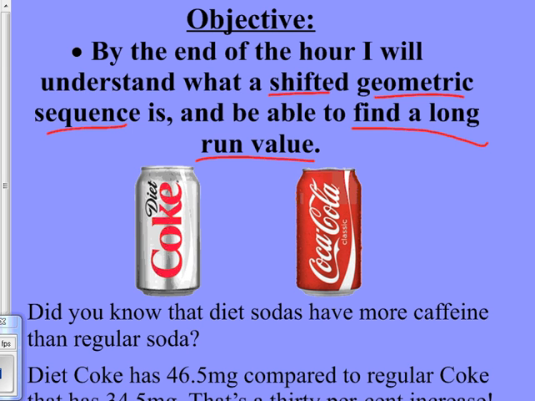So let's first start with the shifted geometric sequence. Geometric sequence, we should recognize that. That's just where we're multiplying. And then what's the other type of sequence that we have there? The arithmetic. That's when we're doing the addition and subtraction there. And then what shifted means inside of this is it's just what we've been doing with our loans and investments.